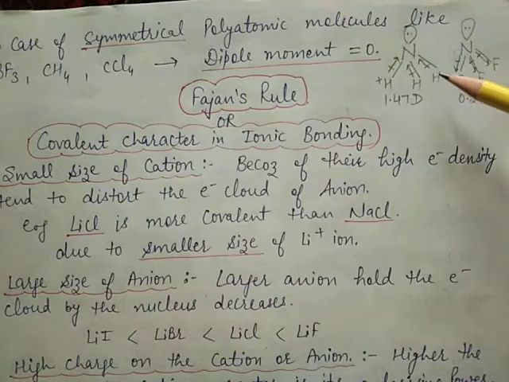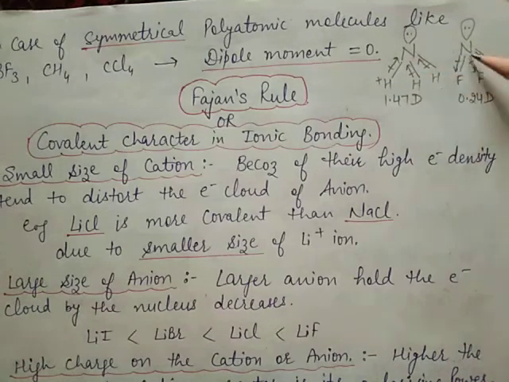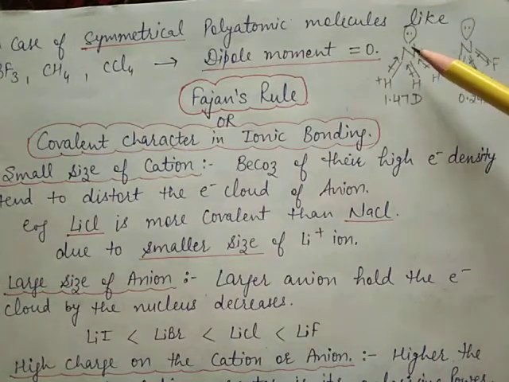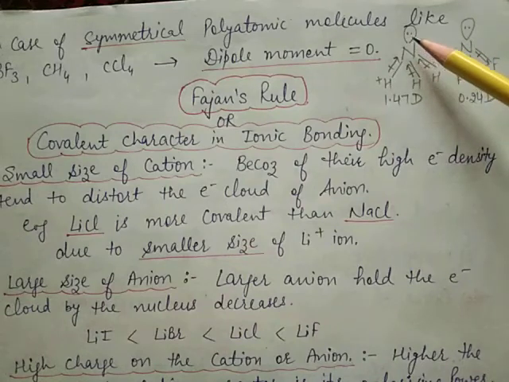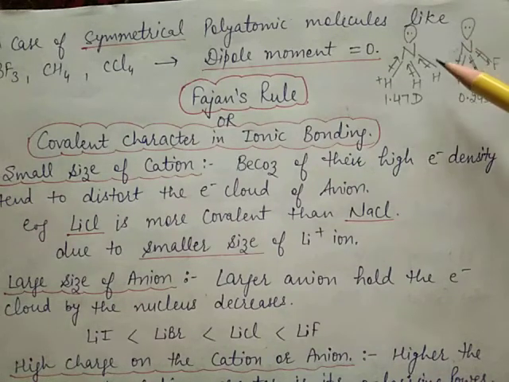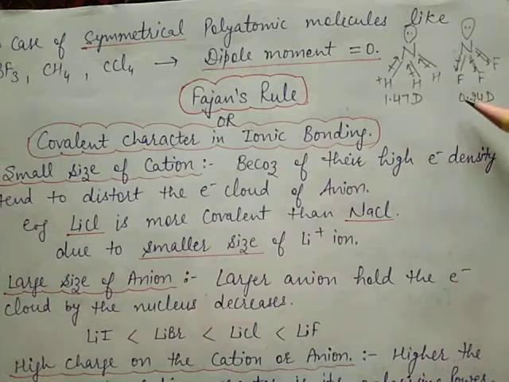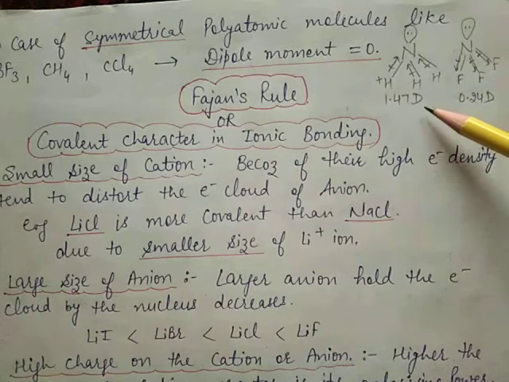Here we take the example of ammonia, NH3 and NF3. This is the structure of ammonia, NH3, having one lone pair of electrons, and this is NF3. These also have one lone pair of electrons. Both the structures are the same, but the dipole moment of NH3 is greater than NF3.